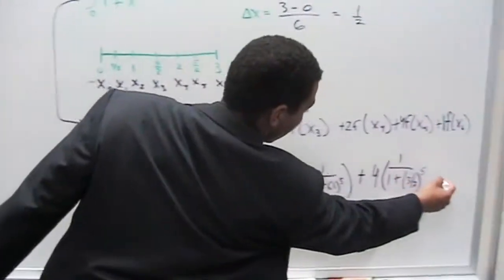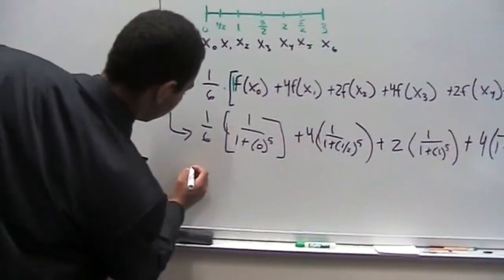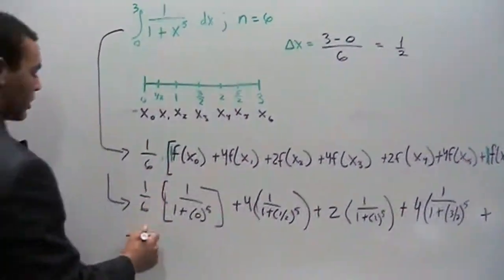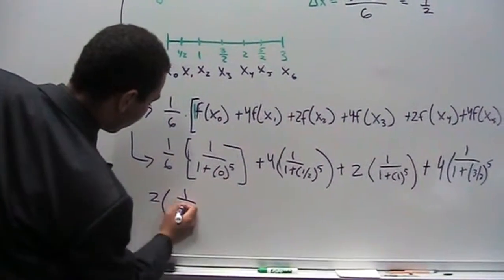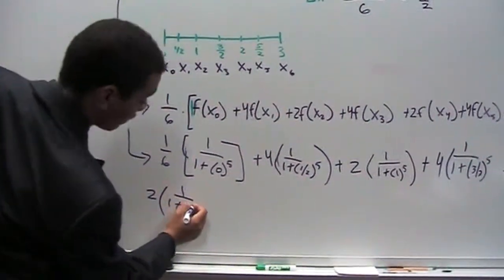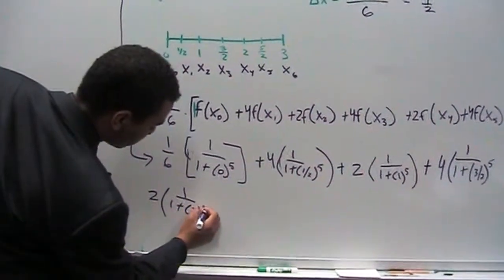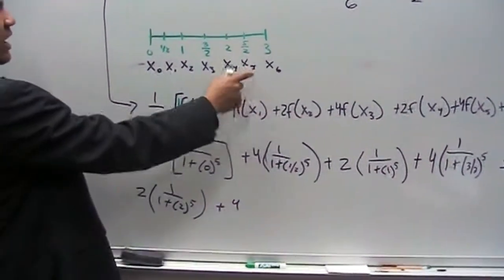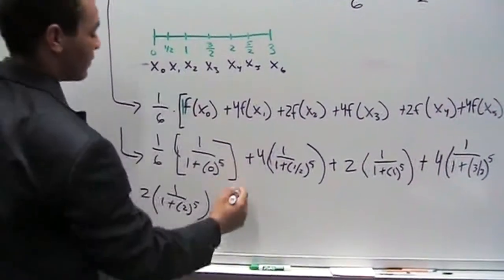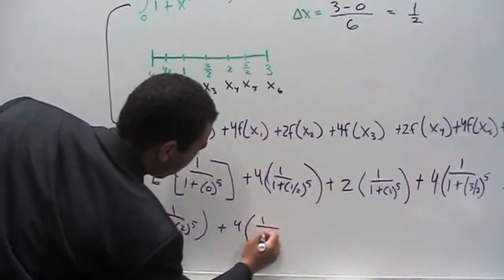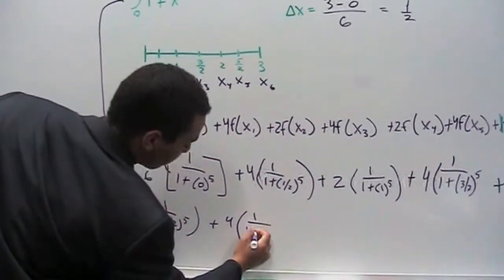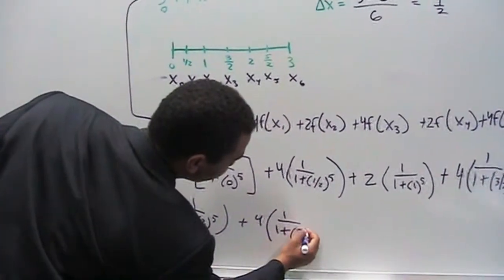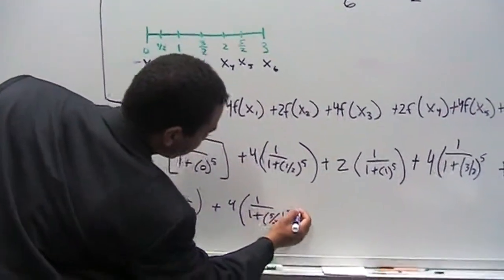So we add plus 2. X subset 4 we see is 2, and we plug it into the original equation. 1 over 1 plus 2 to the 5th. And then we go back to 4 again, with x subset 5 this time, which is 5/2. So we plug in 1 over 1 plus 5/2 to the 5th.